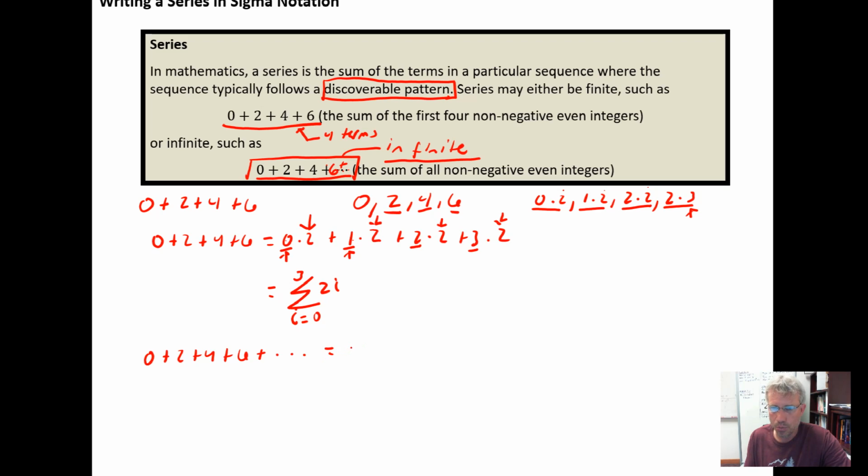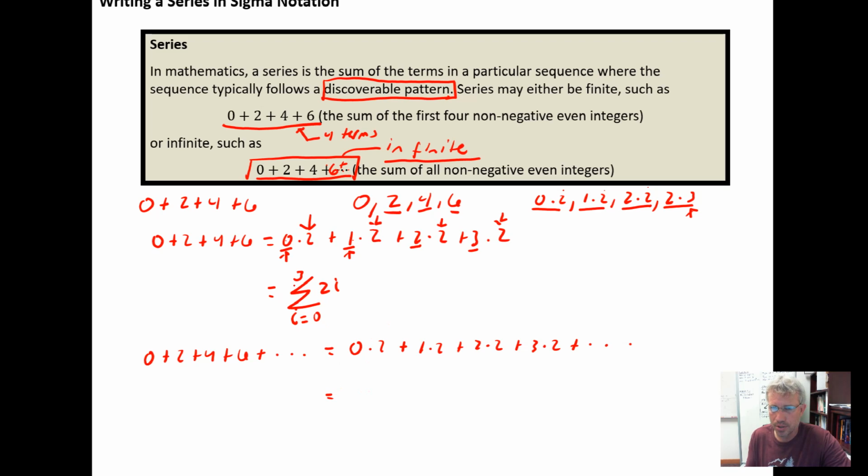So this is going to equal, just like before, 0 times 2 plus 1 times 2 plus 2 times 2 plus 3 times 2, but it's plus dot dot dot now.